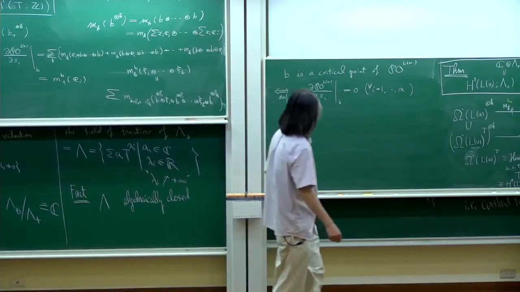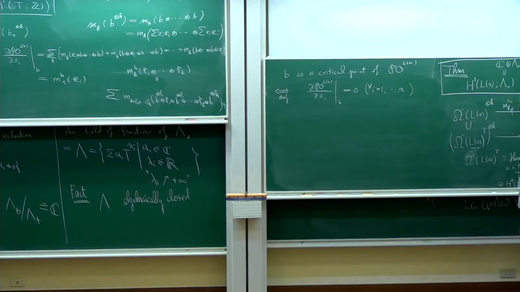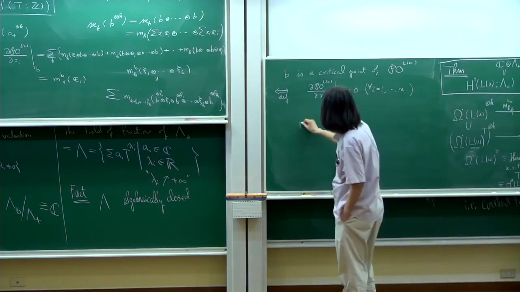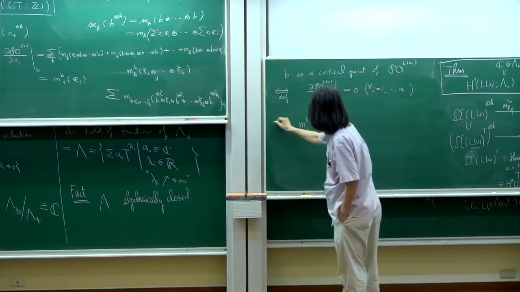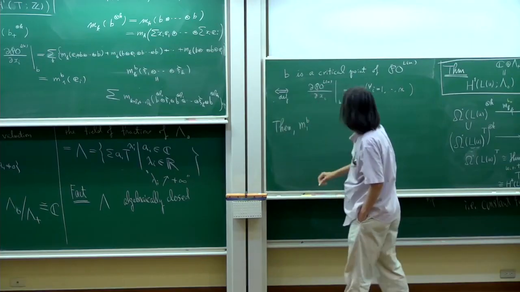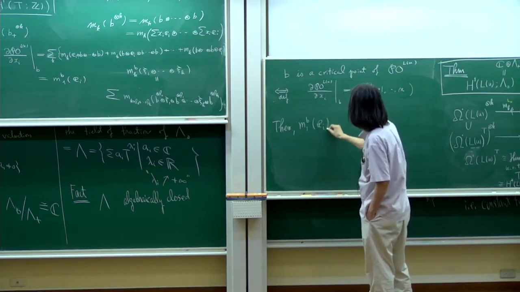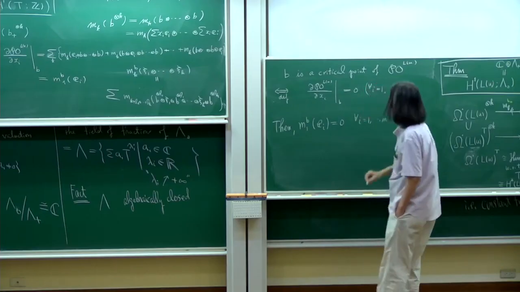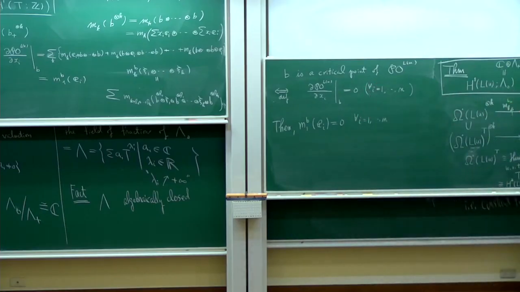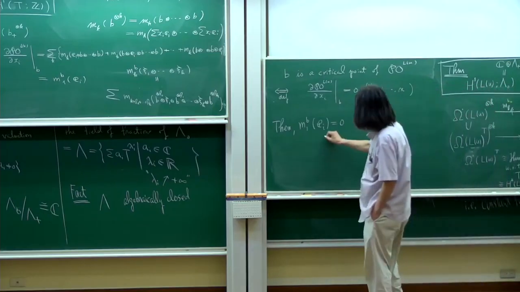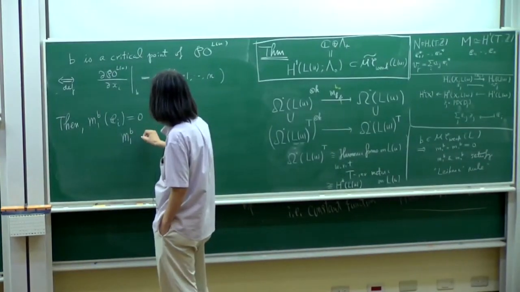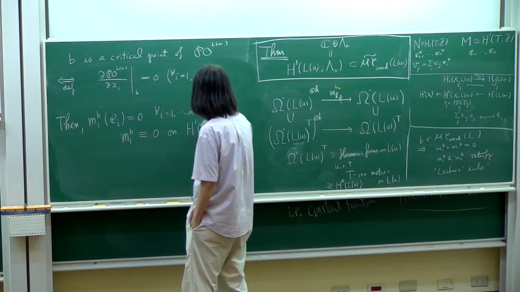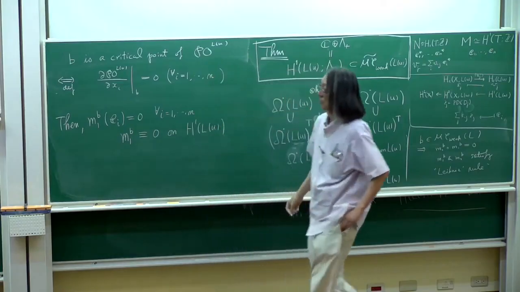And so if b is a critical point, what happens? So m_1^b of e_i is equal to 0 for any basis element in H^1. So namely, m_1^b is 0 on this H^1 of L(u).